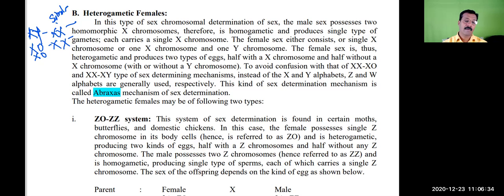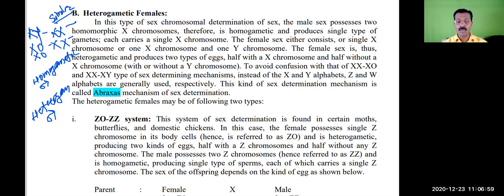Means here males are homogametic, but females are heterogametic. Okay, and both types are found.